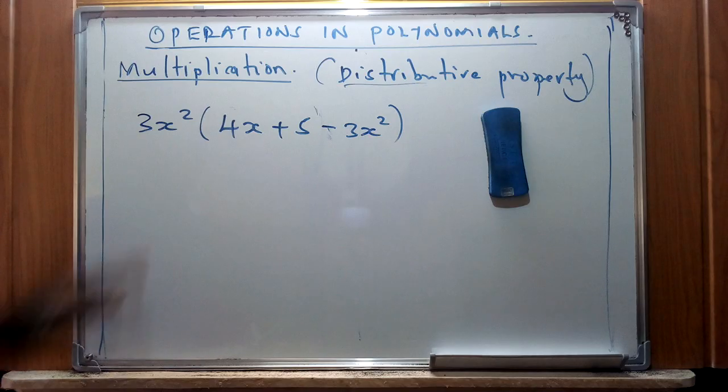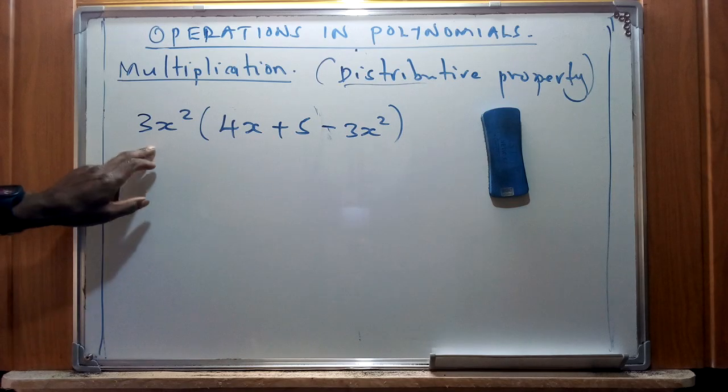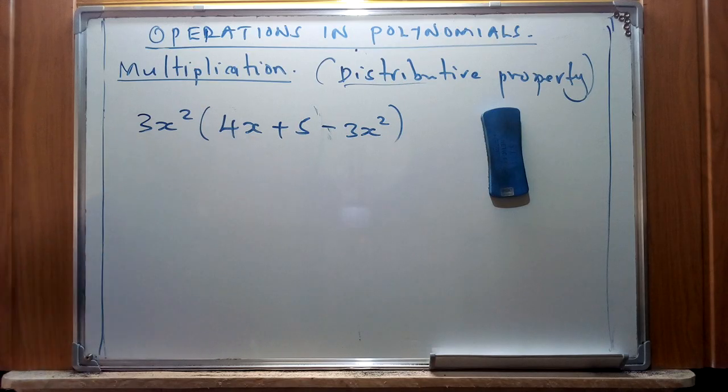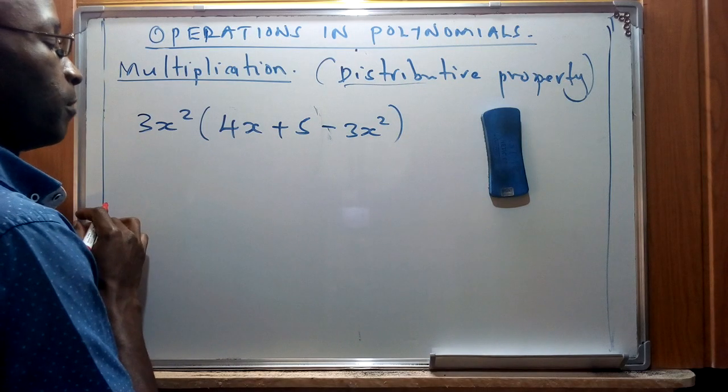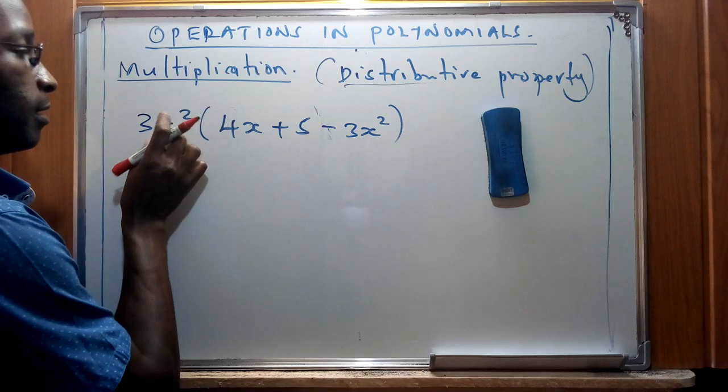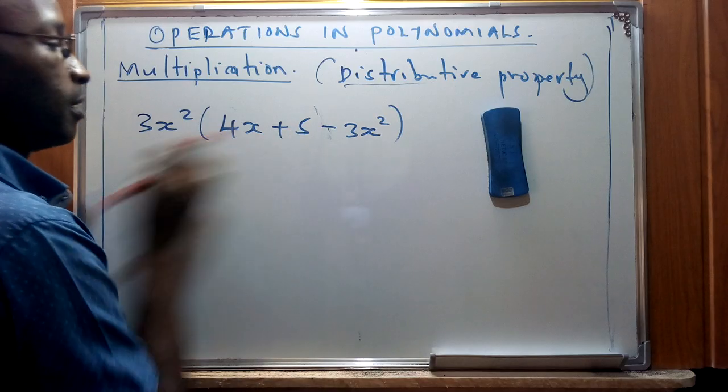So if we look at this specific polynomial, we're going to see that it has been multiplied by this specific term. Therefore, we're going to use that distributive property in order to find the answer. So we are going to do direct multiplication, whereby every factor here is going to affect each term that is appearing in the bracket.